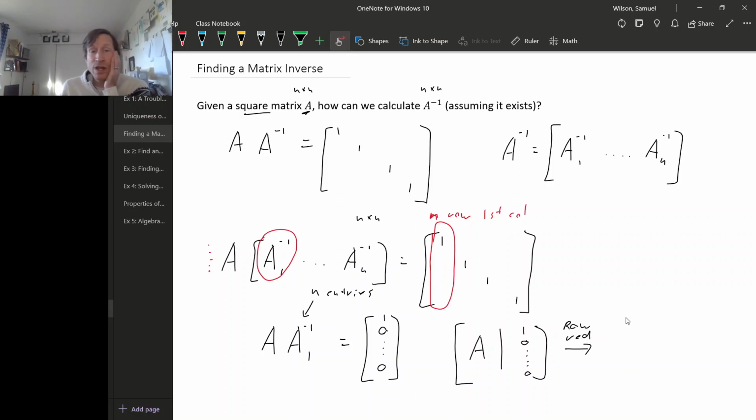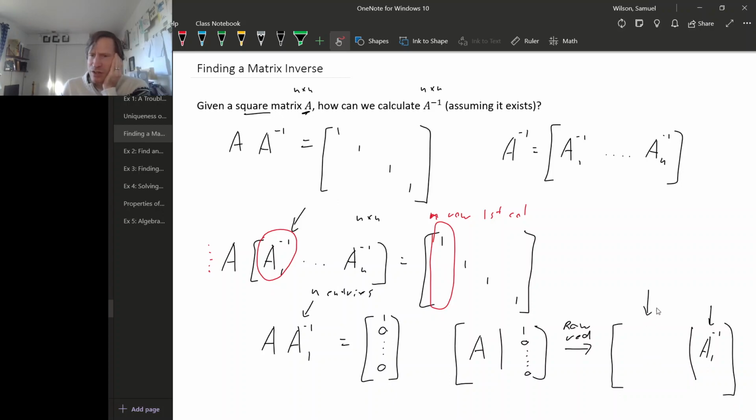Now we know that if there is an inverse for A, it will be unique. That means that in this row reduction there has to be a solution, and in fact there can be only one solution, because inverses are unique. So there's only one possibility for what this column can be. After you do this row reduction, something shows up here, and in fact it's going to be the column we're looking for.